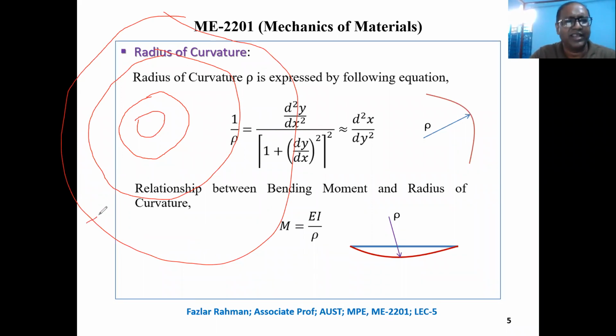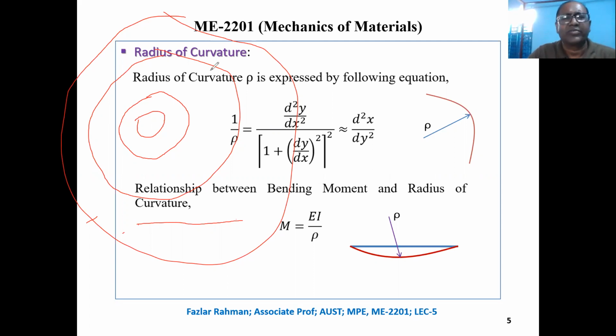You see, gradually they are bending less. So if we make the radius infinity, that means this line will be a straight line. So if rho increases, it means that you have less deflection, and if rho decreases, it has high deflection.